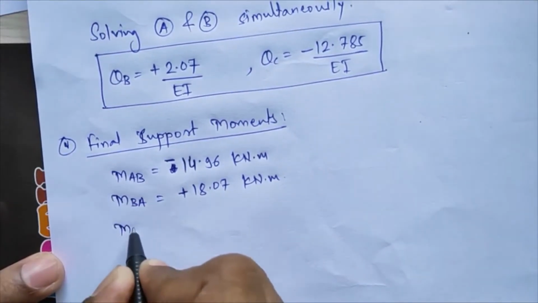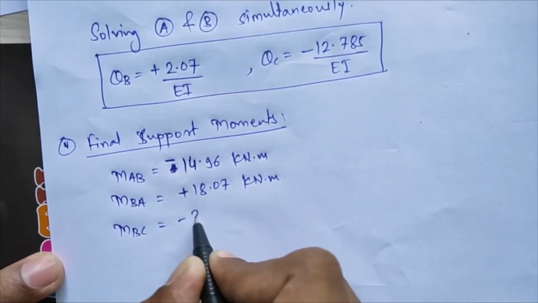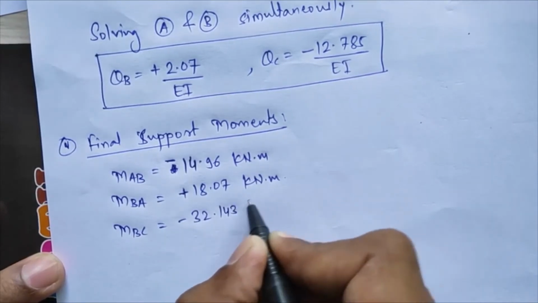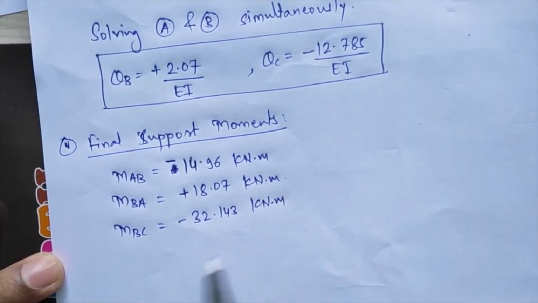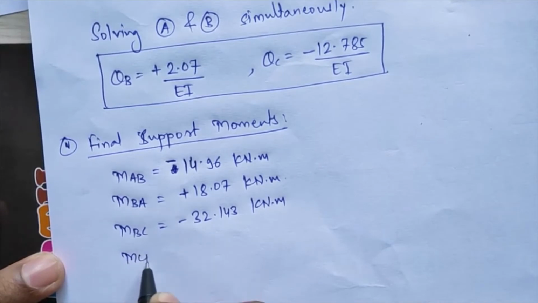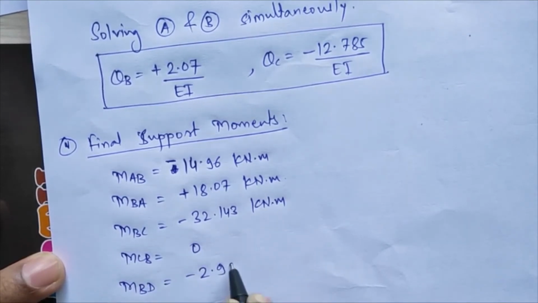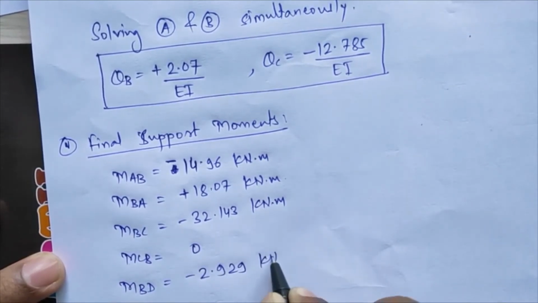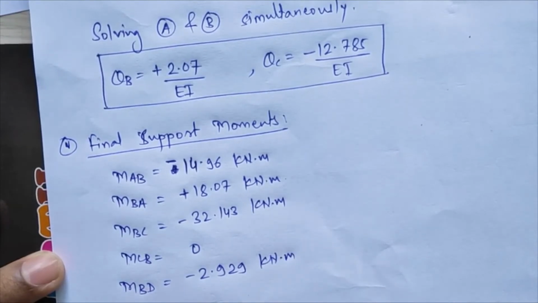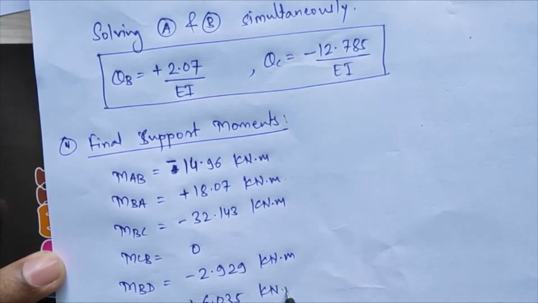Next, MBC you will get as minus 32.143 kilonewton meter. Next, MCB you will get as 0. Next, MBD you will get as minus 2.929 kilonewton meter, or you can say 2.93 also, and MDB you will get as plus 6.035 kilonewton meter.